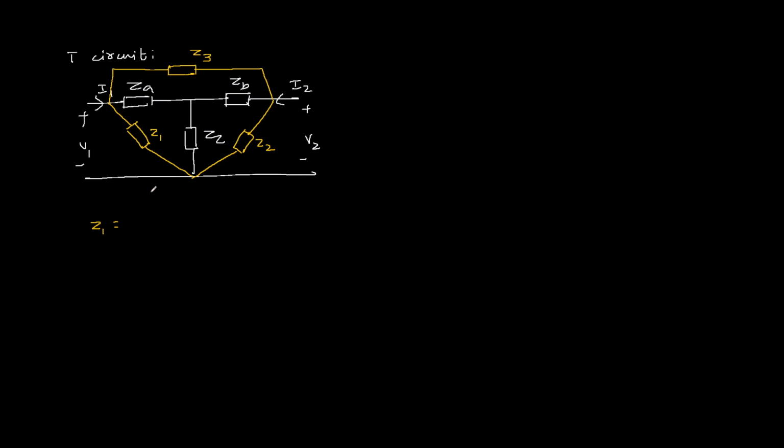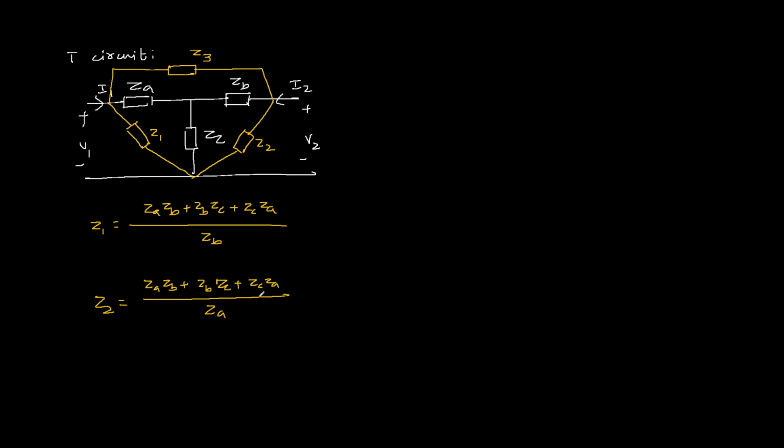This Z1 is ZA ZB plus ZB ZC plus ZC ZA, and for Z1 denominator is ZB. For Z2, denominator is ZA with same numerator, ZA ZB plus ZB ZC plus ZC ZA, and for Z3 denominator is ZC with same numerator, ZA ZB plus ZB ZC plus ZC ZA.